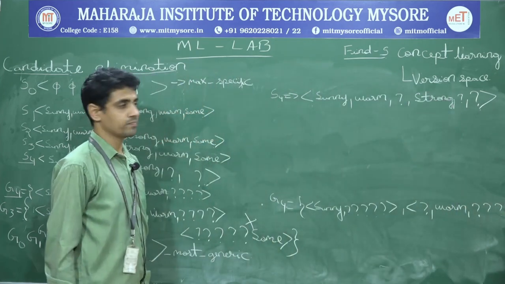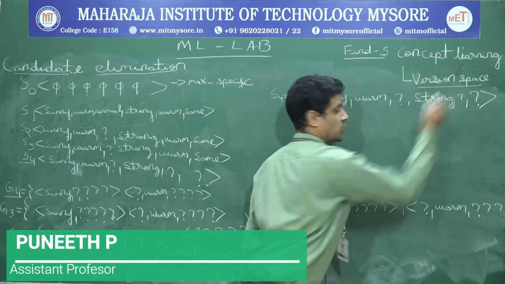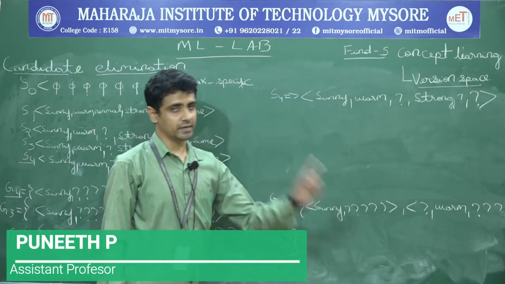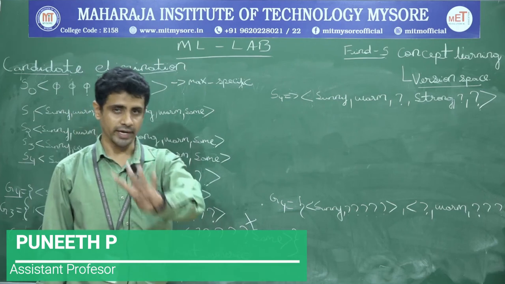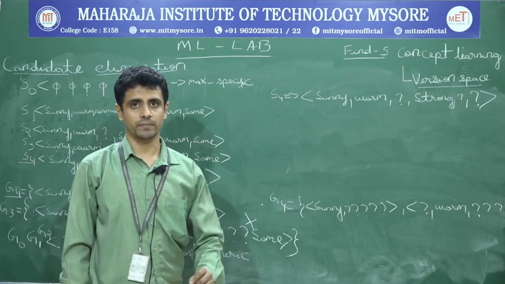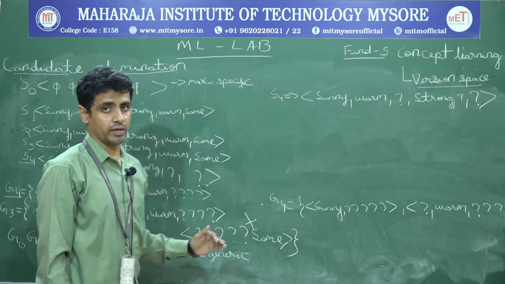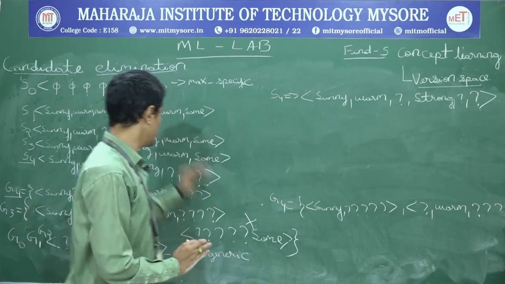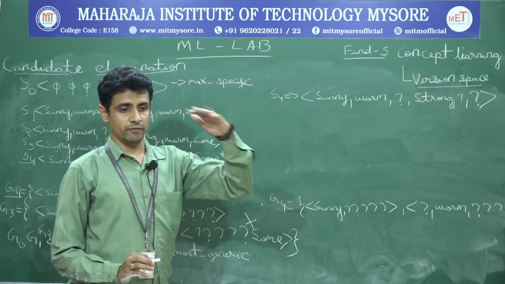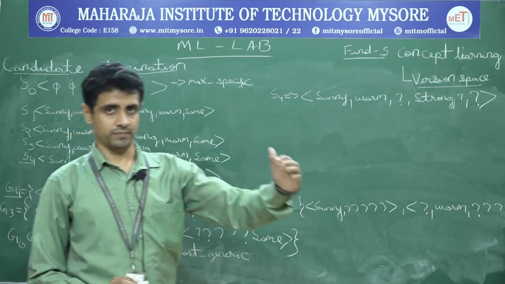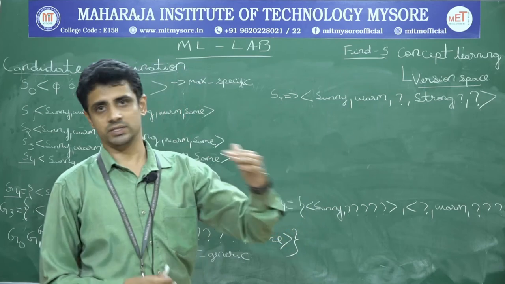So now, to develop my version space, after applying candidate elimination for the given 4 training examples, I have got my specific boundary and generalized boundary. What did we do in getting this? We took the specific hypothesis as phi and we took question mark as the generalized.